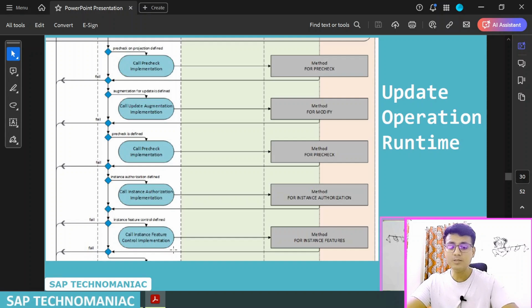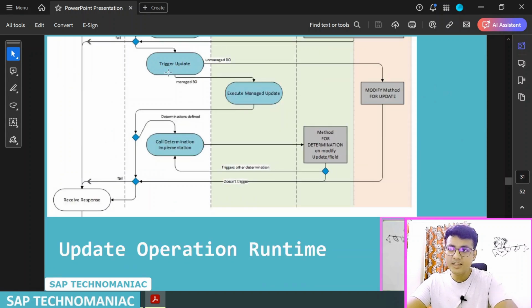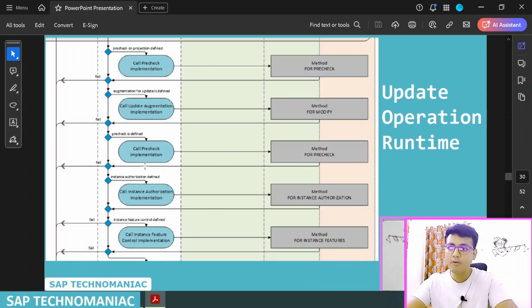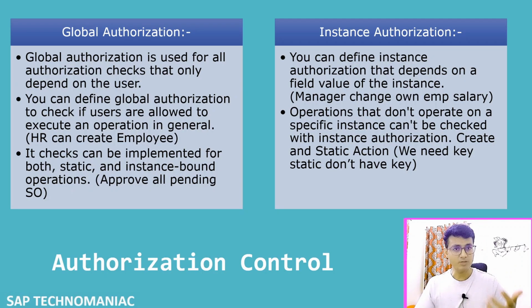But just before updating the database, the trigger update, just before that we will call this particular authorization on the instance. In the instance authorization, we will check the authorization against the field values. For example, we are doing any operation on travel, or here I have an example of a manager changing the salaries.